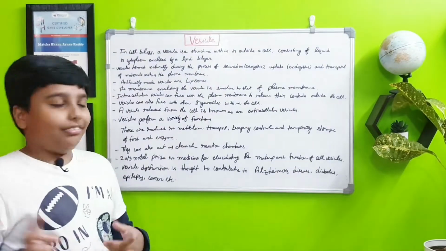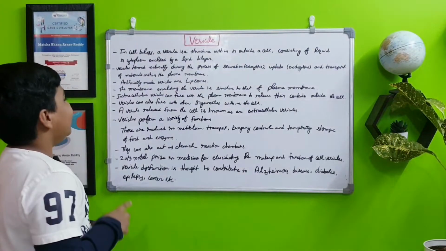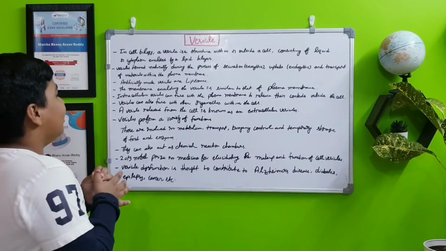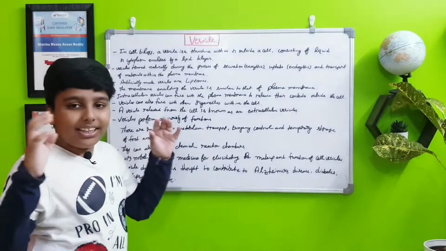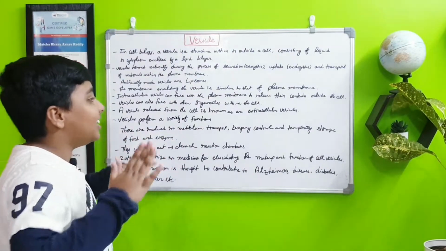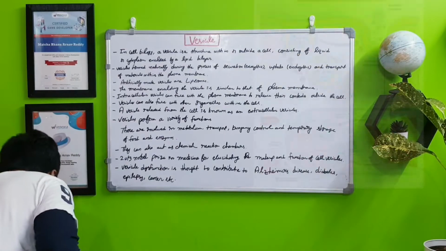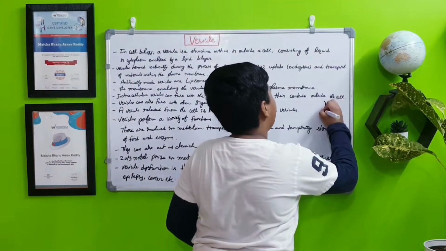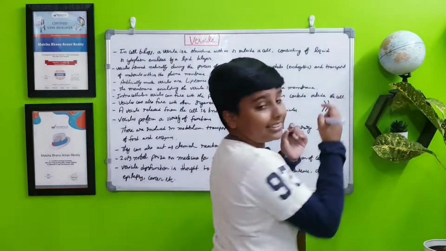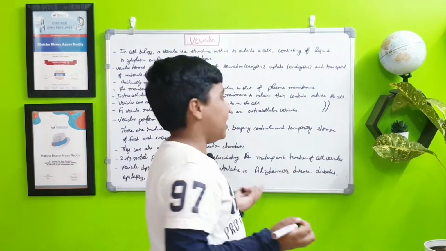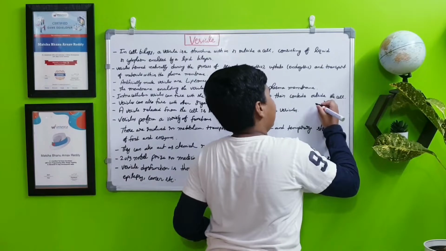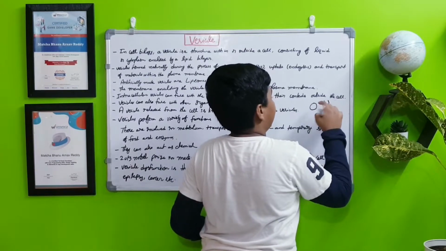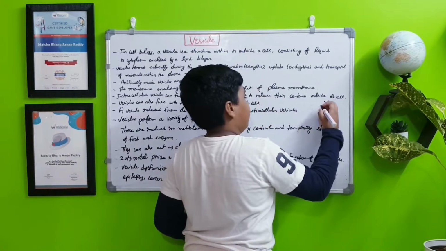Or to exit also. Okay, the intracellular vesicles can fuse with the plasma membrane to release their contents outside the cell. So I'll show a diagram of it. For example, this is the cell membrane, or the plasma membrane. So here is a vesicle, a bit small, a bit big.